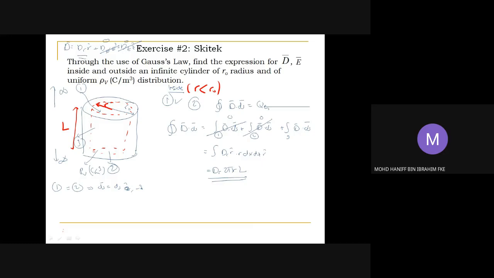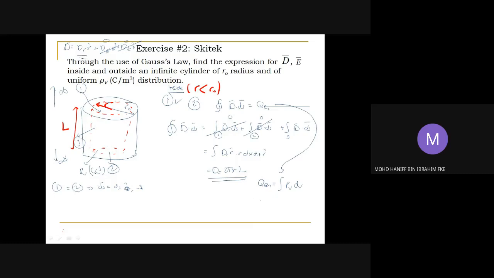Okay, for the enclosed charge, based on this diagram, it will be the charge enclosed by this particular Gaussian surface, the red colored surface. That will be written as the integration of ρv dv, which is the volume charge inside the Gaussian.